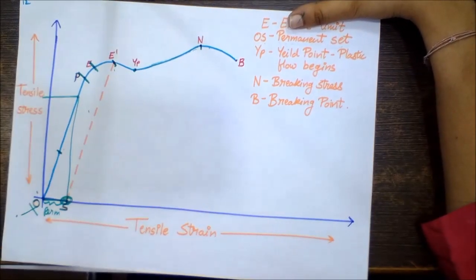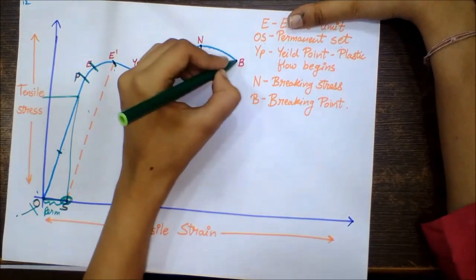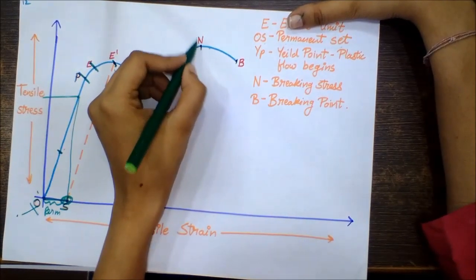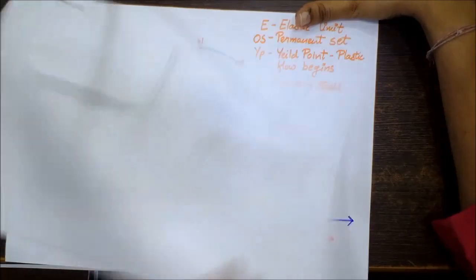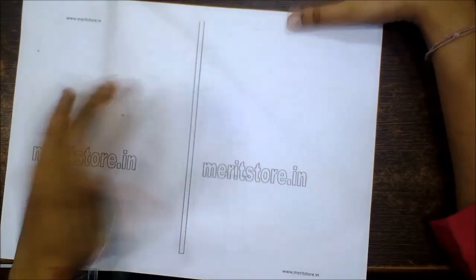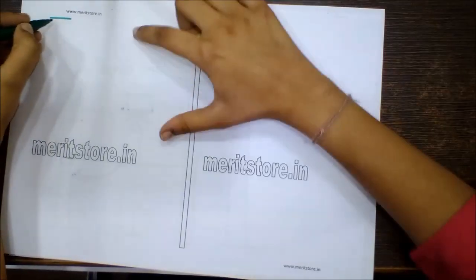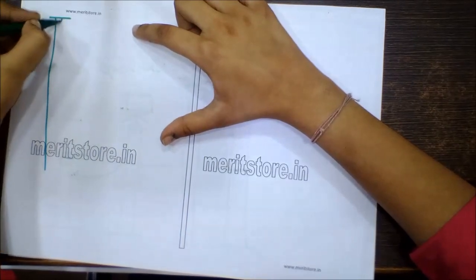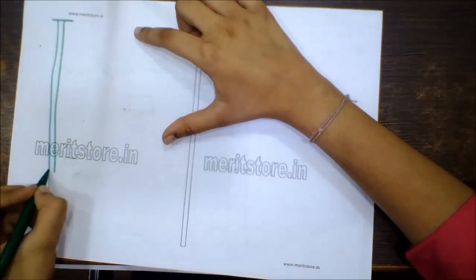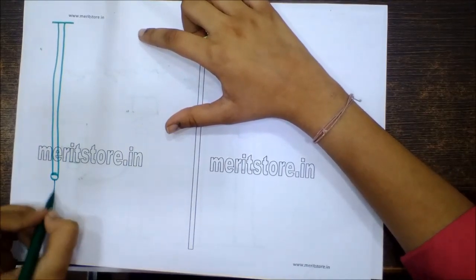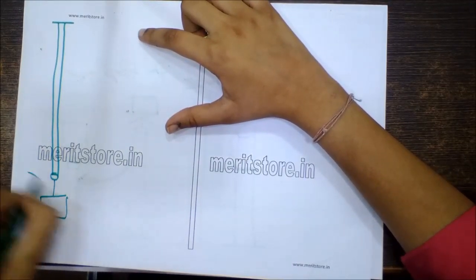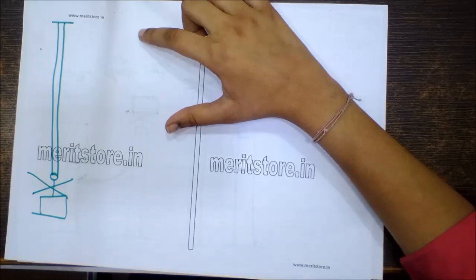N is the breaking stress and B is the breaking point. Now what do you mean by N? That is the breaking stress. At this point, if I have a rod which I have stressed to a great extent, and now I realize I do not want to stress it any further, and I remove my weight at this point of time.